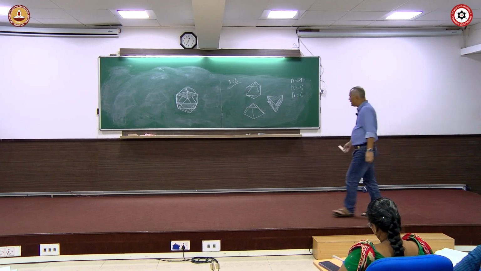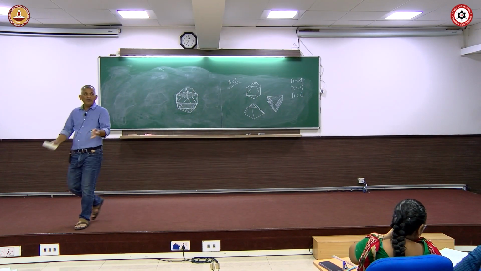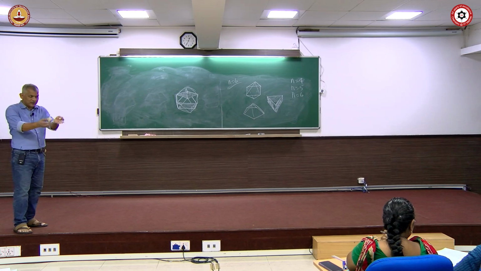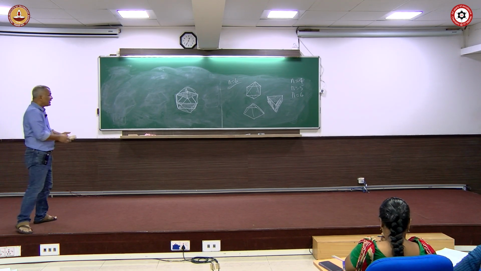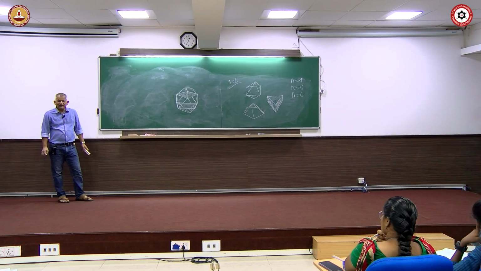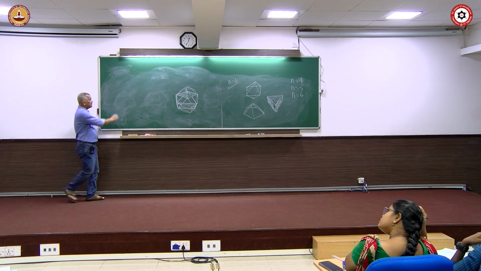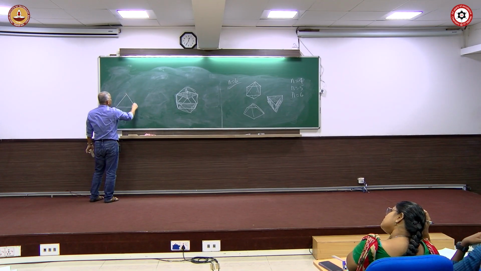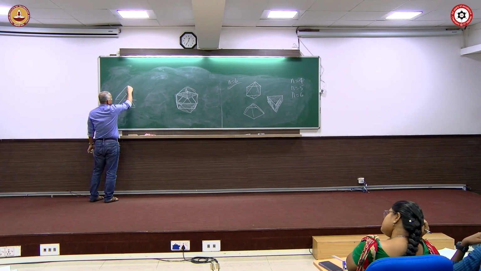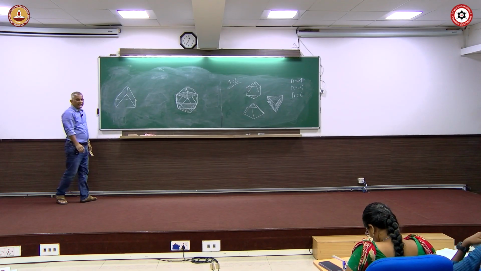So not all molecules with 9 ligands will be a monocap square antiprism, which you just learned. The geometry is tricap trigonal prism. I had shown you the trigonal prism geometry earlier. This is a tricap trigonal prism.